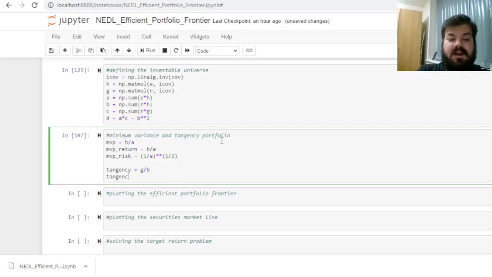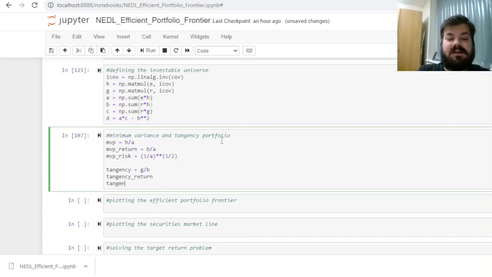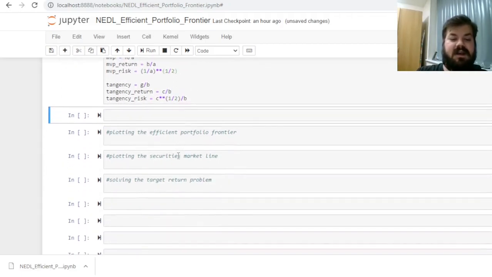And then the tangency return and tangency risk can be again nicely expressed in terms of the constants, with tangency return being equal to C divided by B, and tangency risk being equal to C to the power of a half divided by B.